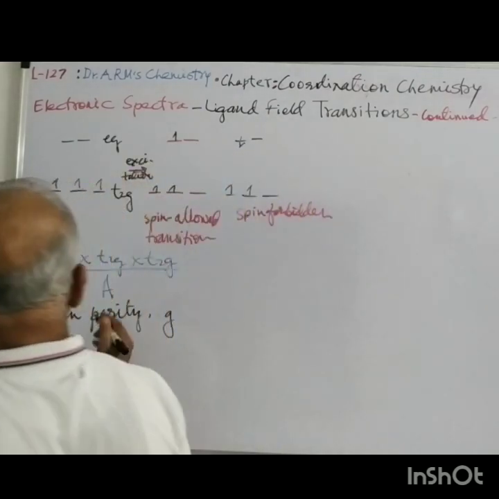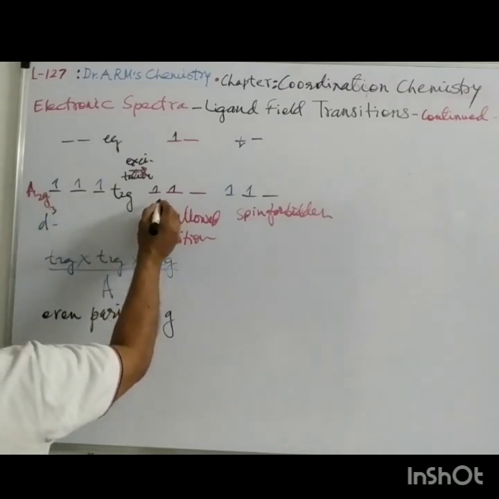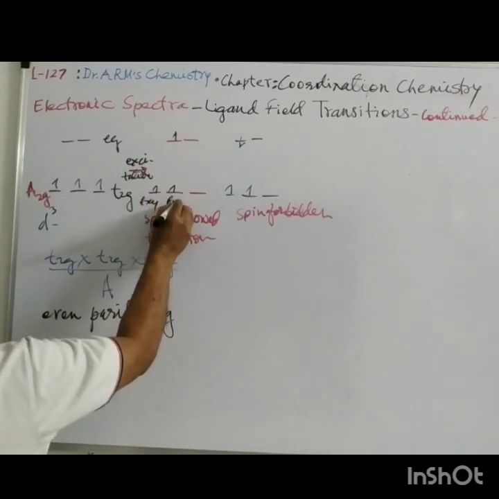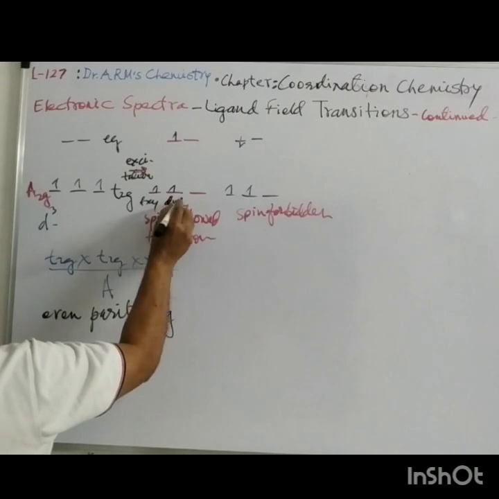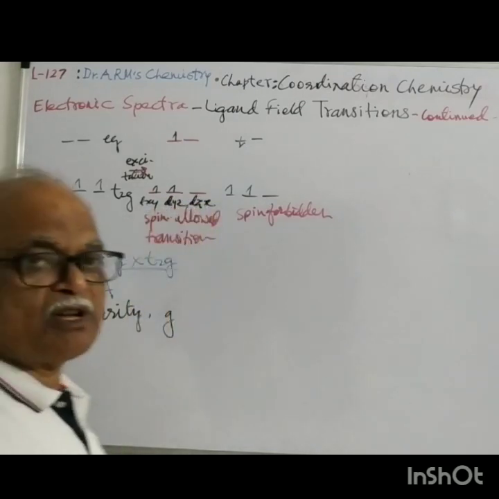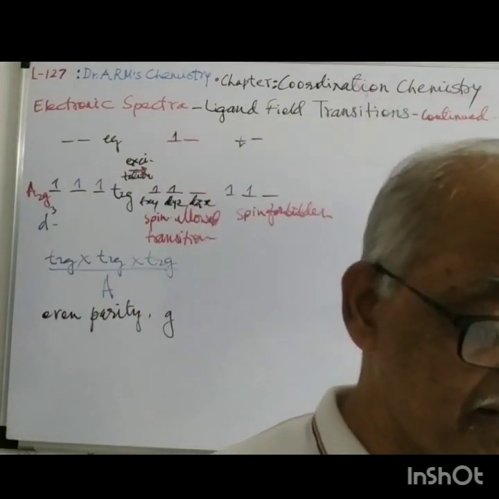We have three different types of orbitals, dxy, dyz, and dzx. Each orbital rotates in a different manner.